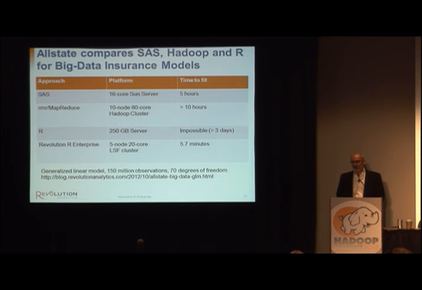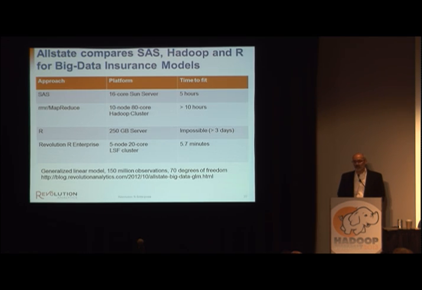Then Allstate looked into doing an RMR MapReduce solution where they decided to see about re-implementing generalized linear models themselves using the RMR package. And as I mentioned, it's not a trivial undertaking to write one of these full-featured statistical algorithms from scratch. So when they managed to implement that algorithm and run it on a 10-node, 80-core Hadoop cluster, they found that the time to fit was 10 hours.